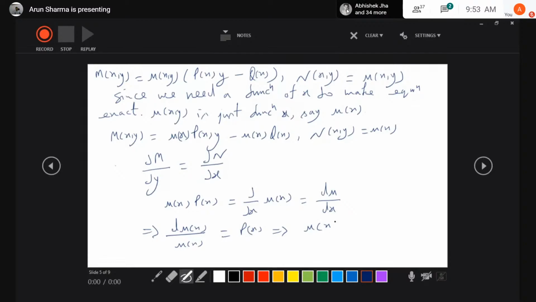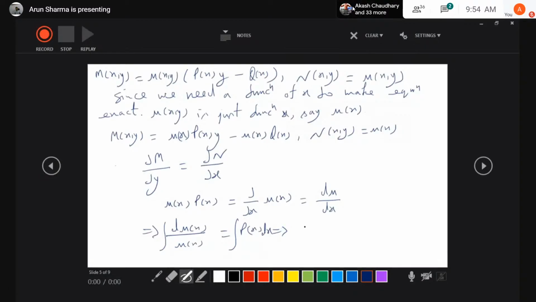Integrate both sides. So if you integrate both sides, then what will you get?